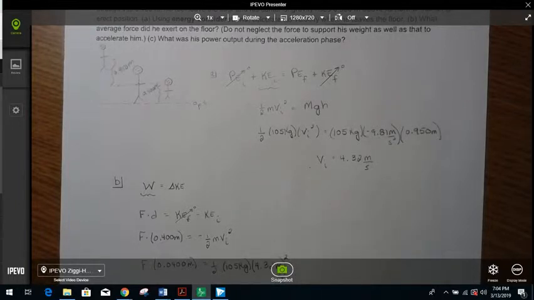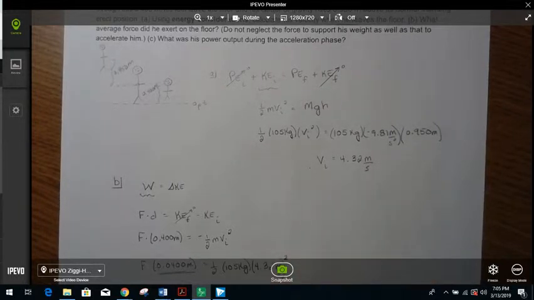If we solve that for the force exerted on the floor, we get a force of 2,446.4 newtons. As he's exerting this force on the floor over this distance, he must also overcome the force of his weight.